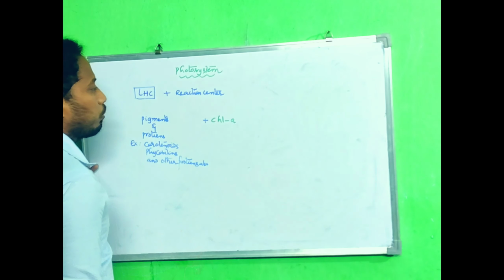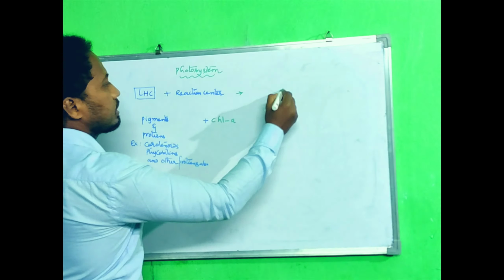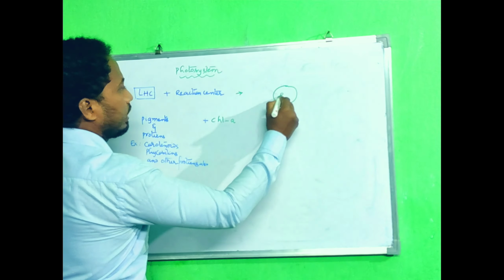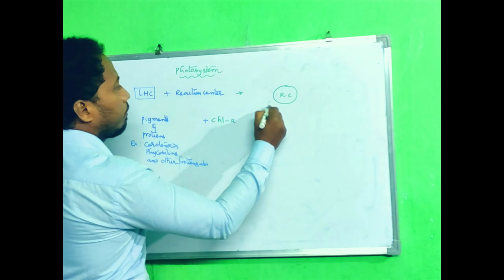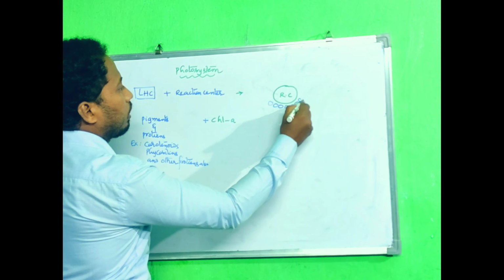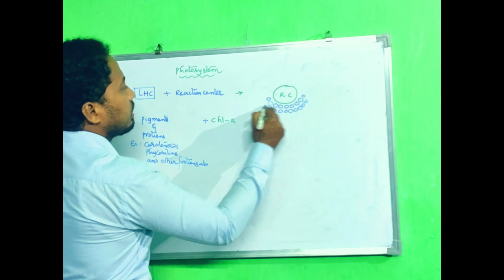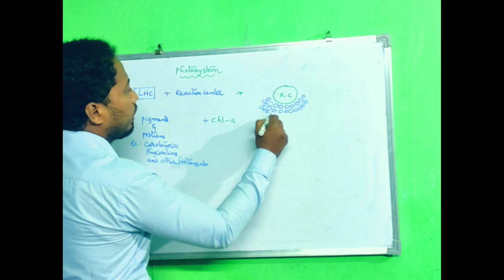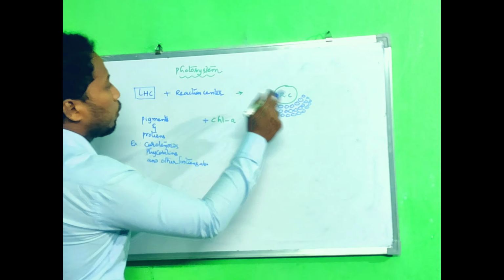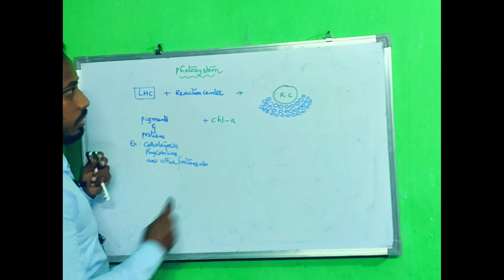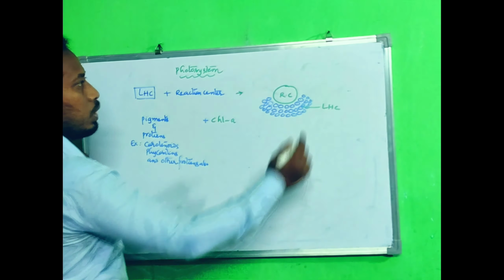For your understanding, all the other accessory pigments which are present surrounding the reaction center, this group of molecules is called LHC, and this is the reaction center.